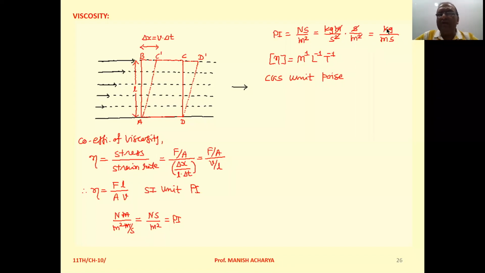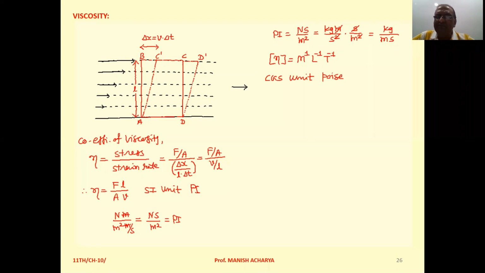So for kilogram M1, for meter L1, for second T1, that is M1 upon L1 T1. Resultantly, the dimensional formula for the coefficient of viscosity is M1 L minus 1 T minus 1. And its CGS unit is poise.